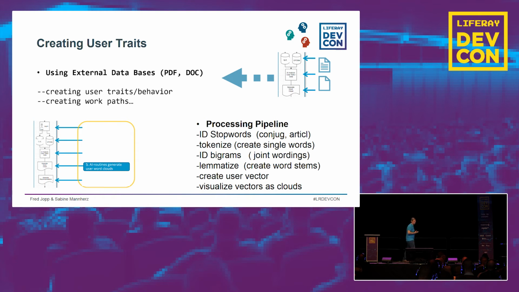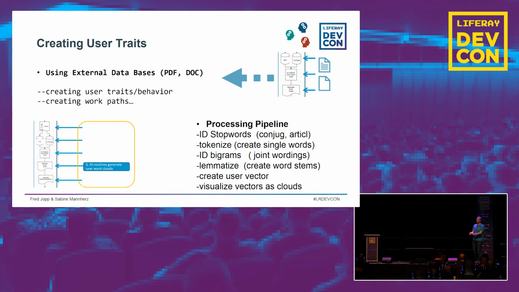That falls into: first, analyze the documents and identify stop words, which are words that have no really interesting contribution to the context, like conjunctions, articles, and so on. Then create tokens, so single words, tokenizing.